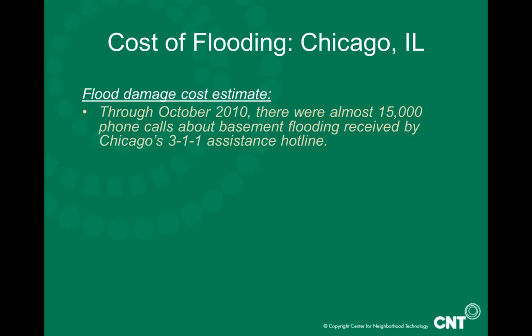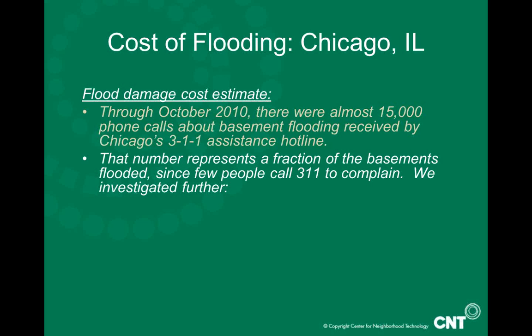So we took the example of the year 2010, and in the first 10 months of the year, we discovered through some research that the city said over 15,000 calls came in to their 311 number. Those were people all complaining about basement flooding, and they were asking for help.